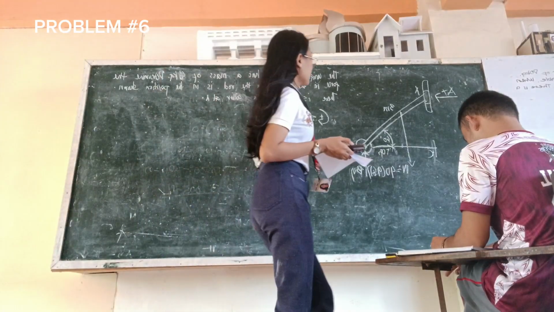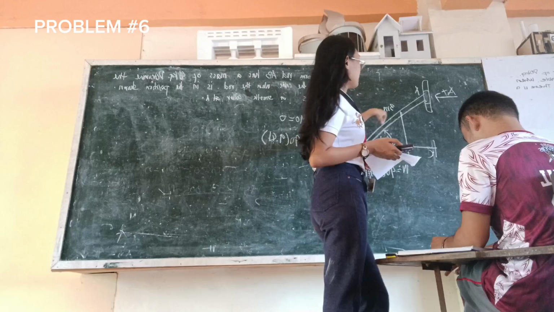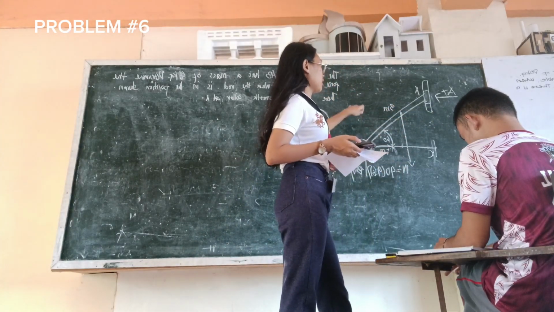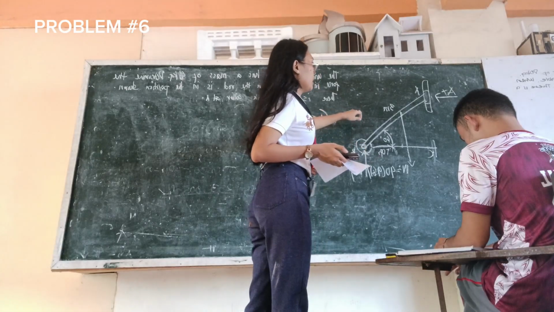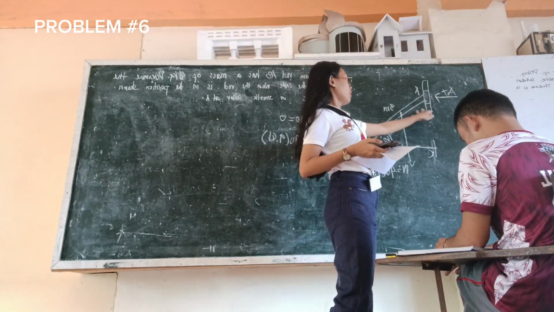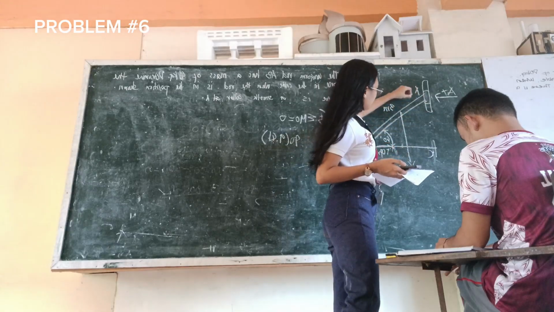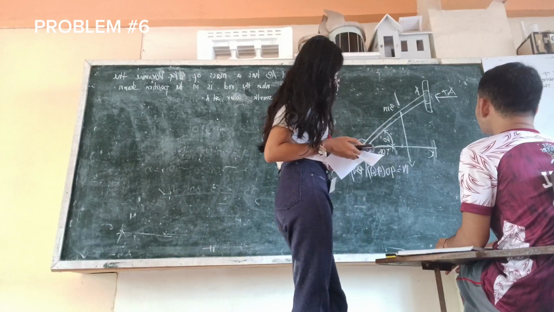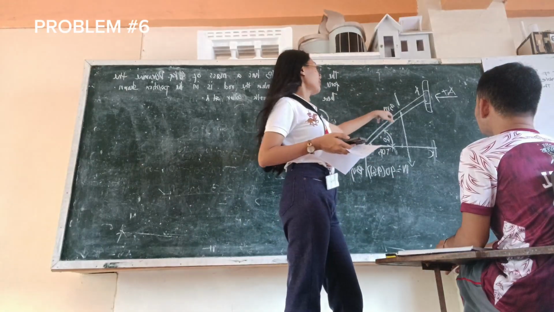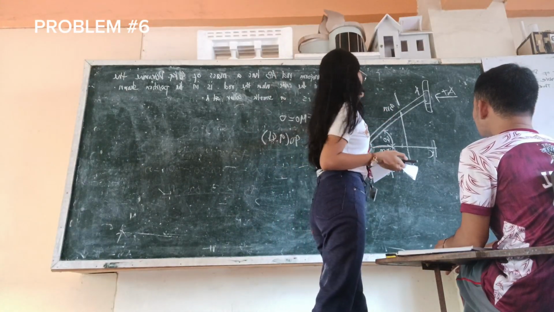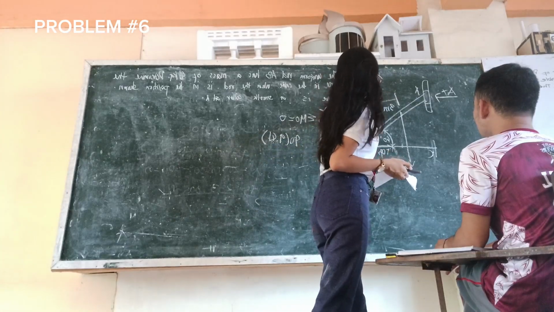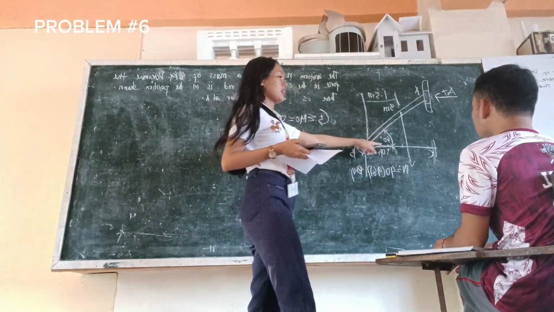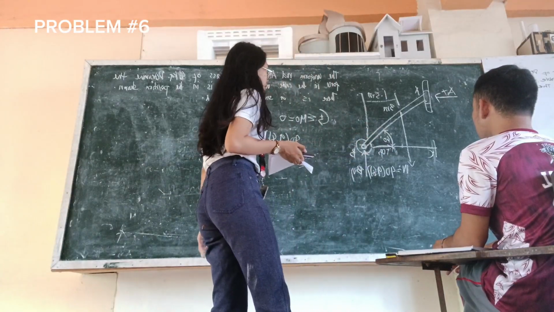Then, as you can see here, the beam has a length of 3 meters. Since the weight is in the center, we need to identify half of the length of the beam, which is 1.5 meters. We also need to consider that there is an angle there, which is 60 degrees.